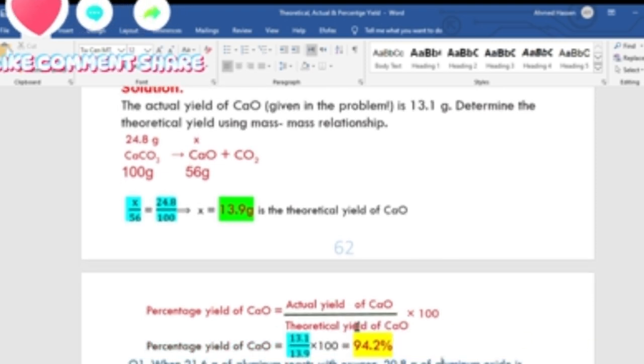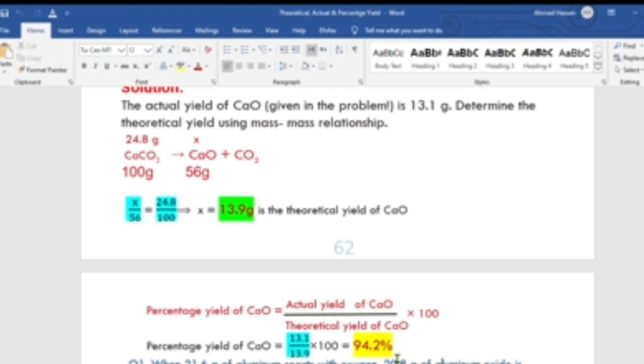Percentage yield means actual yield given, 13.1, over the theoretical yield, 13.9, multiplying the result with 100, which is equal to 94.2%. This shows that the production technology and the situations involved in the reaction environment are very good, because the yield is high, greater than 94%.